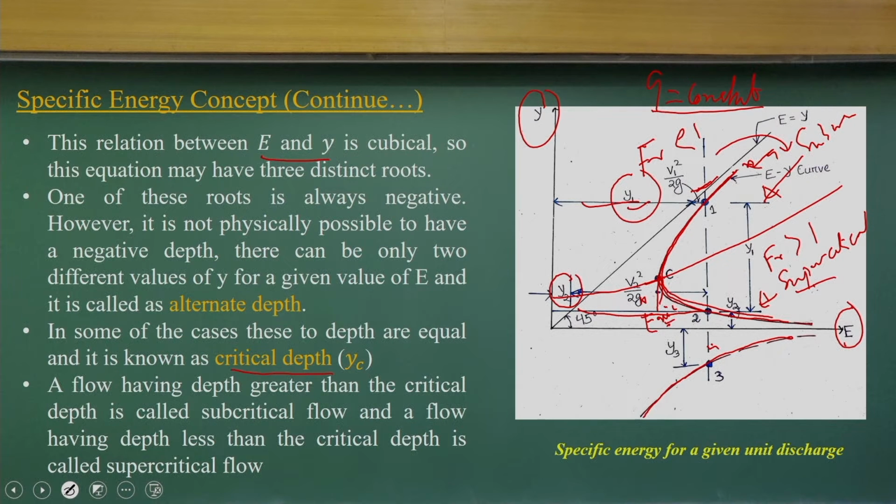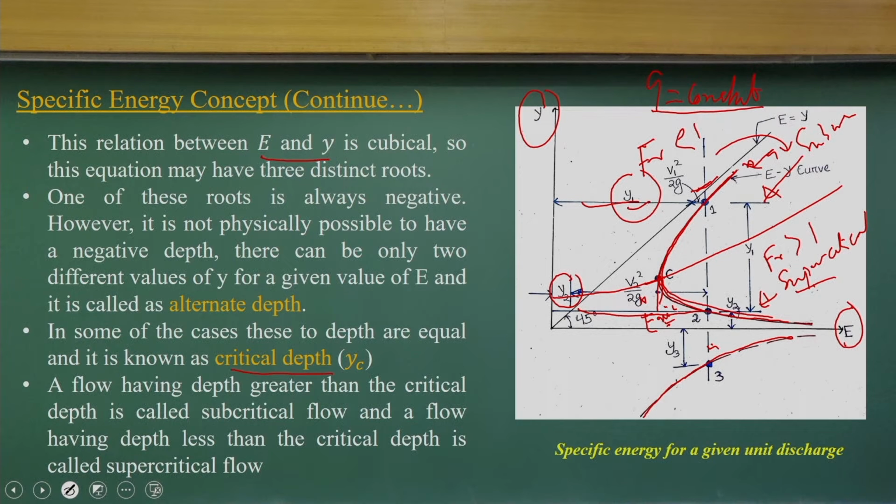It is not just that the Froude number being less than or greater than 1 defines subcritical or supercritical flow, but try to analyze in terms of the energy available to the flow, the pressure energy and the kinetic energy. The pressure energy is quite high in subcritical flow as compared to supercritical flow.